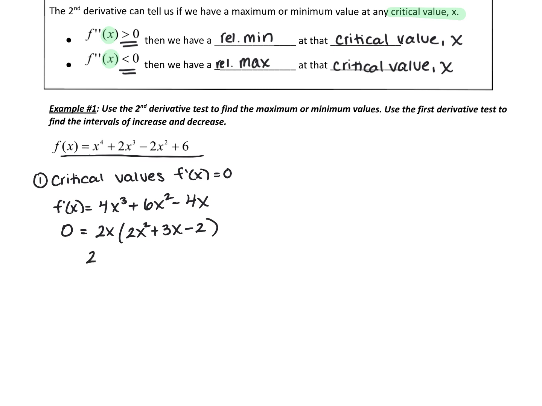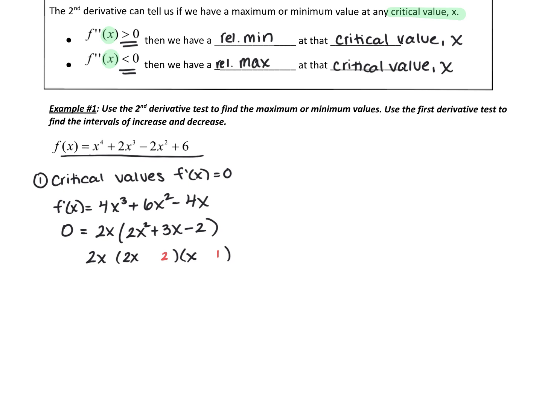I can keep factoring using guess and test. I've got 2x and x, and I need the factors of 2. If I put a 2 here and a 1 here, this will multiply to 2, this will multiply to 2, and 2 is not going to give me 3.